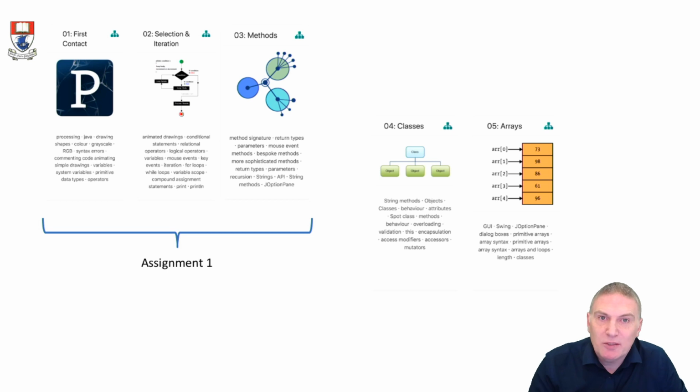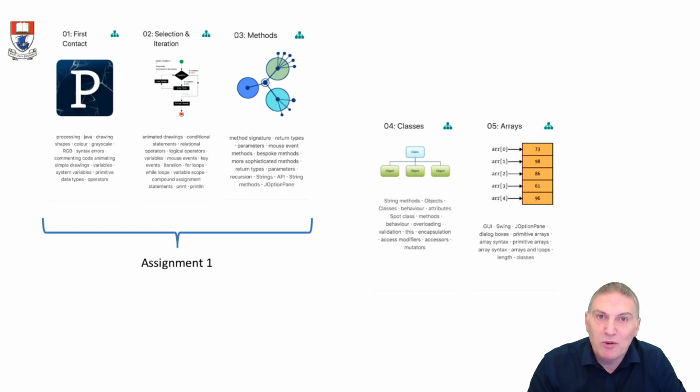We then moved on in week 4 to classes. So having just done what we needed to get done in order to be able to implement the assignment, we looked into more detail about classes, the string methods, objects, behaviors, attributes, and we looked at something called a spot class, which was a class we defined ourselves for managing drawing a circle and displaying it on the screen.